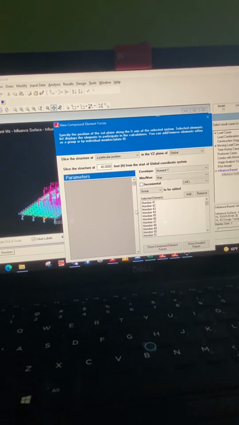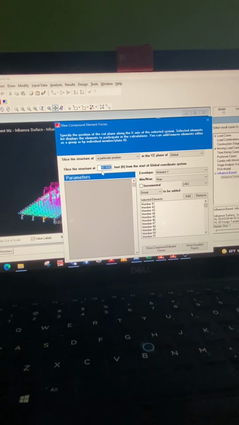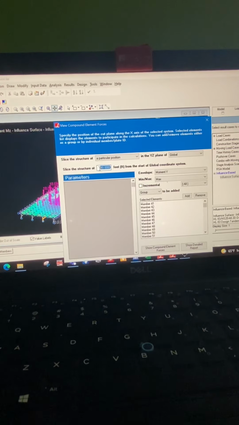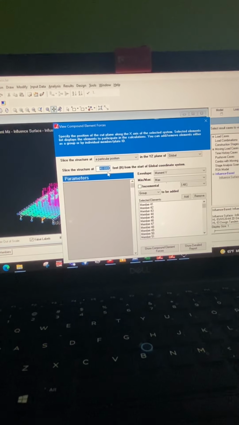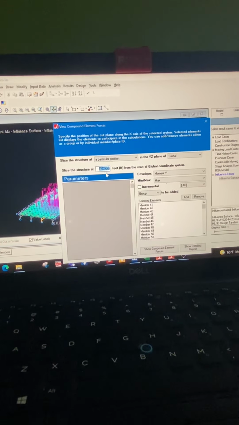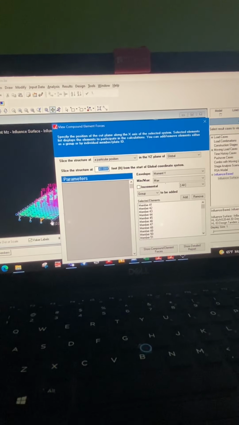So it should be moment Y. Normally, for a 100-foot span, the maximum positive bending moment is located at 0.4 L, and in this case it's 40 feet from the beginning of the span.